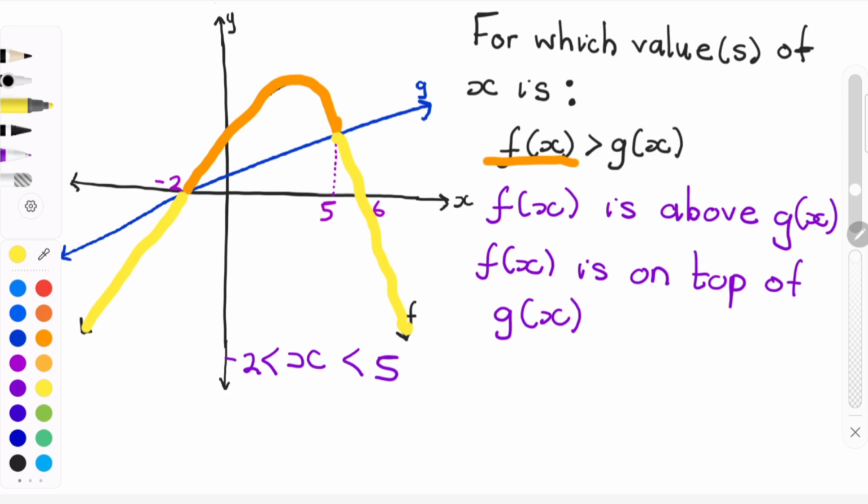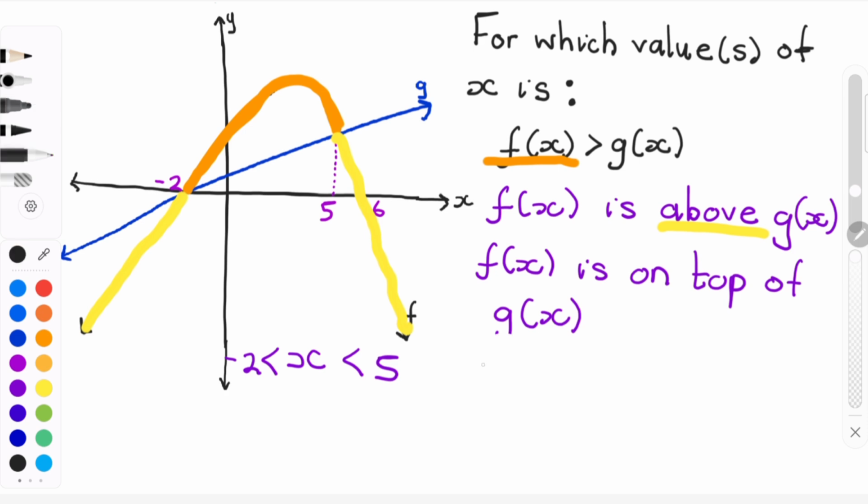So the only place where f of x is above g of x is the one in orange, between the x value of -2 and the x value of 5.